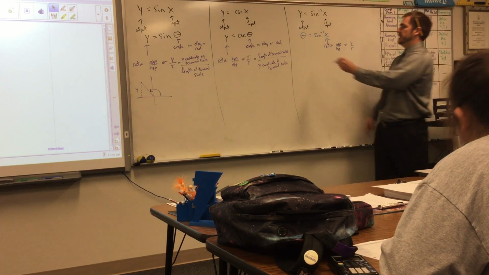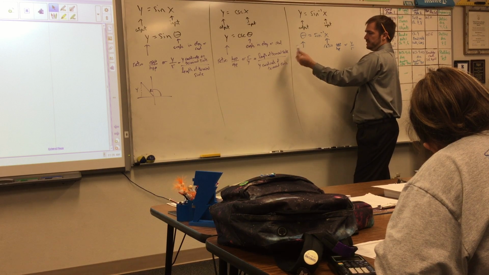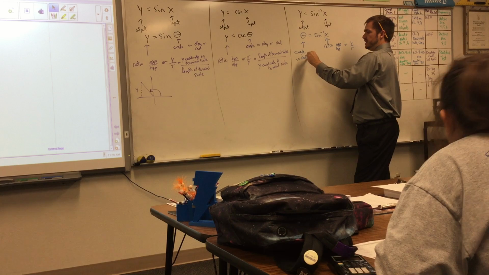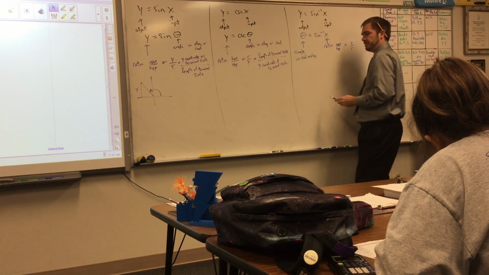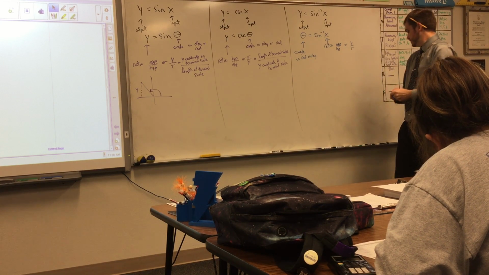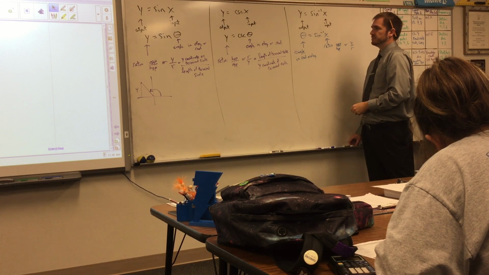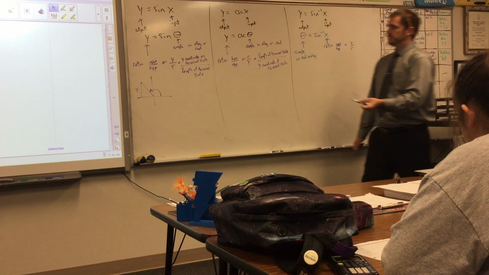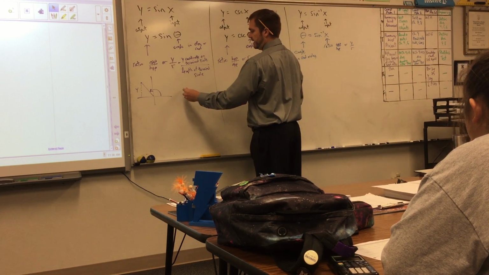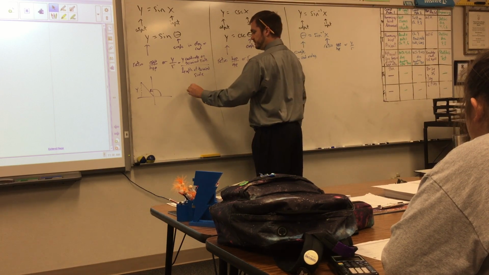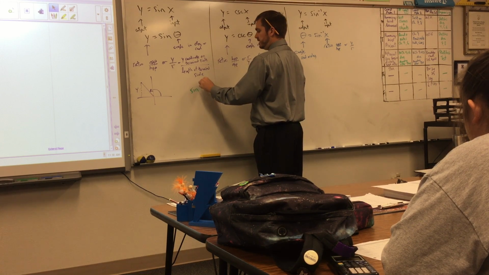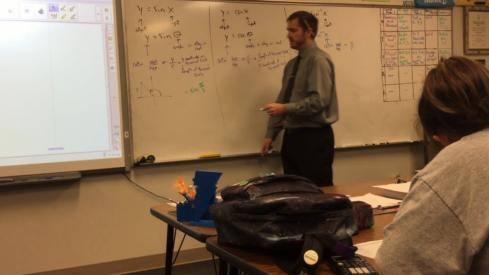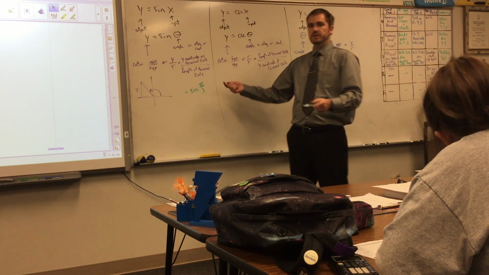Okay? Theta, right here, is the angle in radians or degrees. So for instance, I could say that sine of pi over 3 equals, let's go ahead and look at our unit circle.